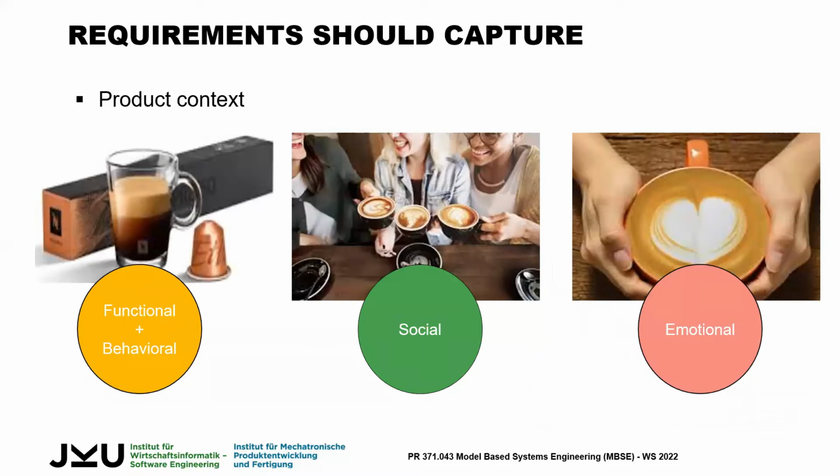In a general view, a requirement is supposed to capture the product context. Let's say we consider a coffee: it is supposed to capture the function of the coffee, the behavioral aspect, the social aspect, and the emotional aspect.